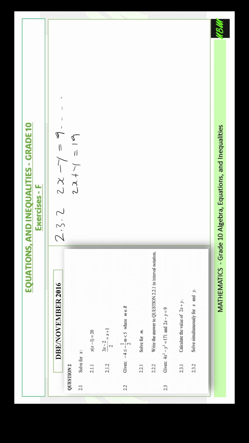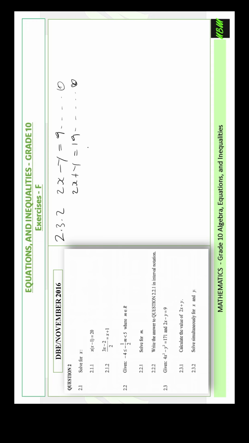Now, let's label our equations equation 1 and equation 2. Remember, we have two methods of solving simultaneous equations that are linear. It's either by substitution or by elimination.